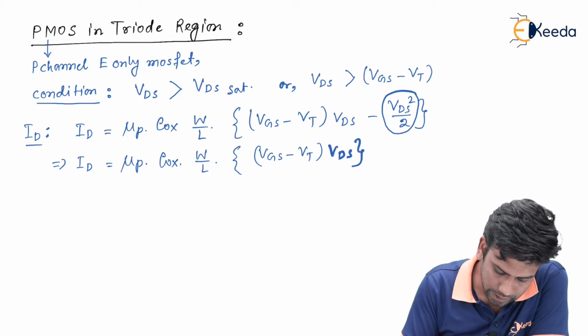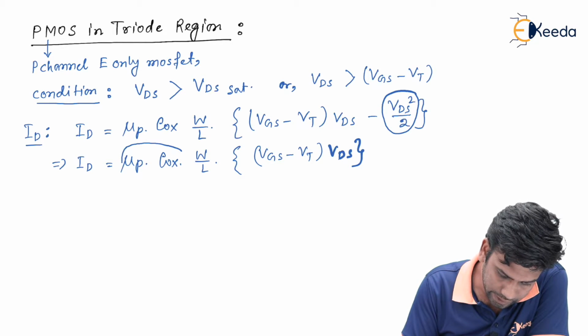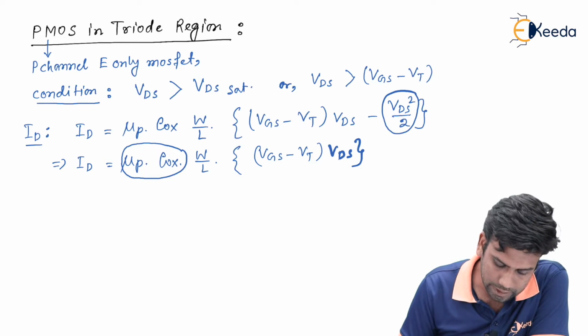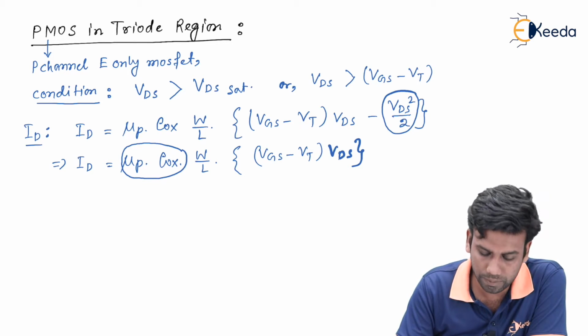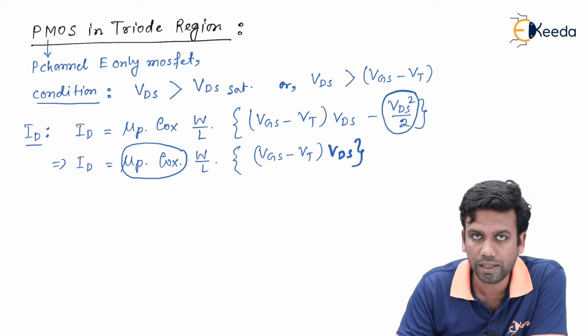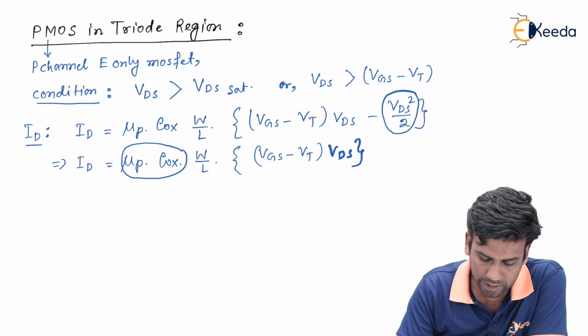Now we can see that mu P COX is a constant, where mu P is the mobility of the holes and COX is the capacitance due to the oxide layer.